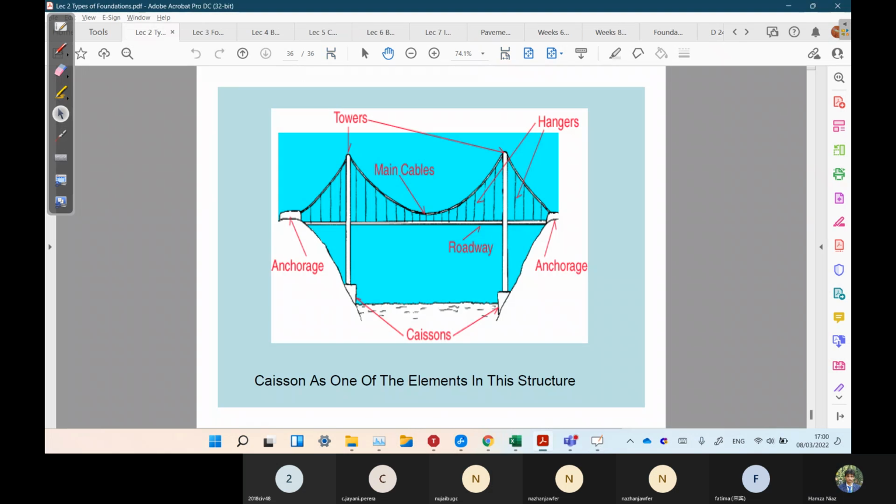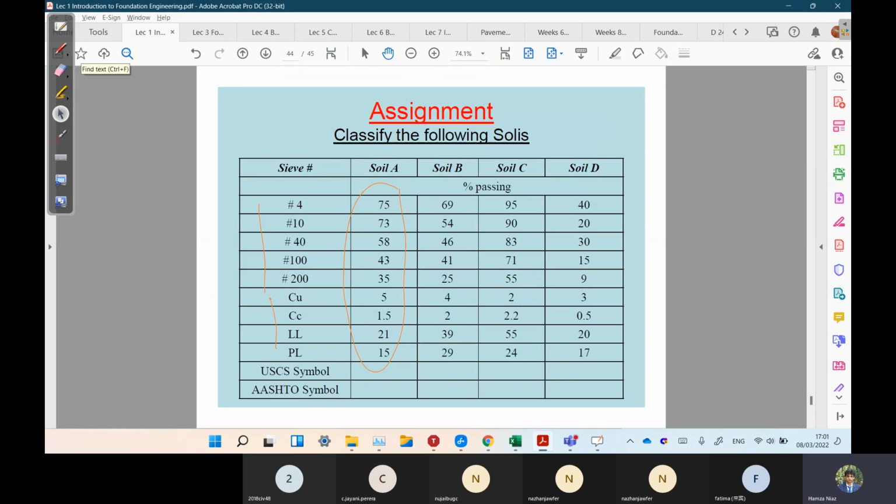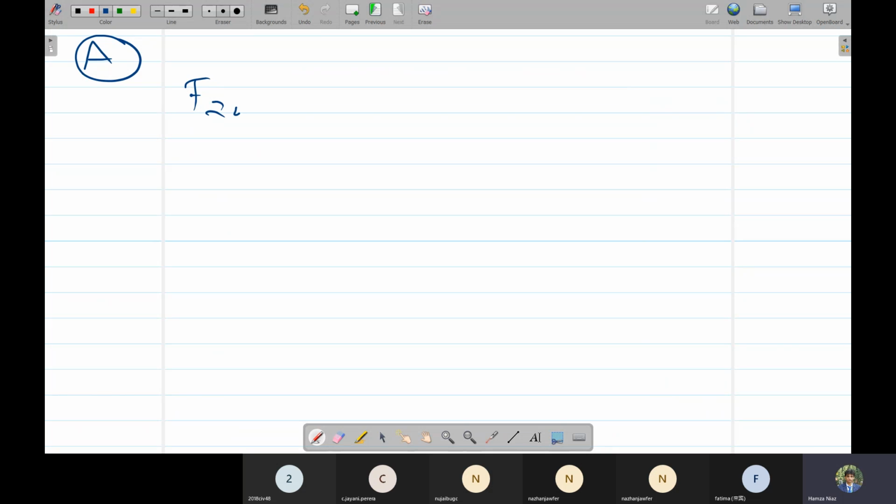That means the soil would be finer, and if more than 50% is retained, then the soil would be gravel and sand. First of all, let's start with soil A. For soil A, the number 200 value shows that the percentage passing number 200 is 35. F200, F means passing, is 35.